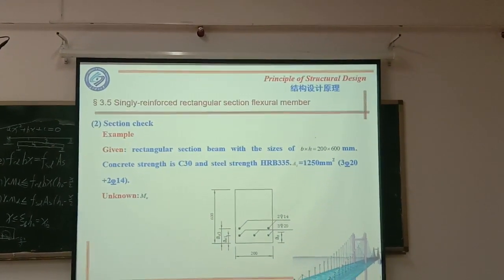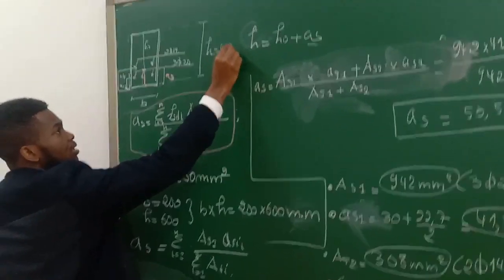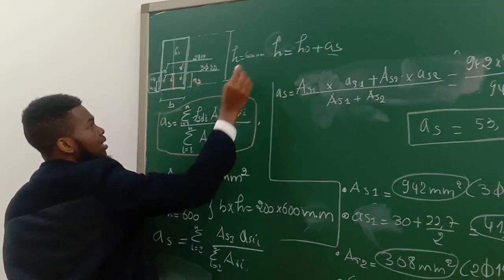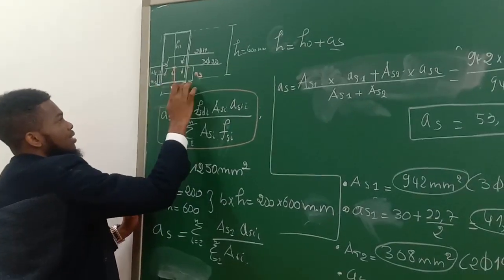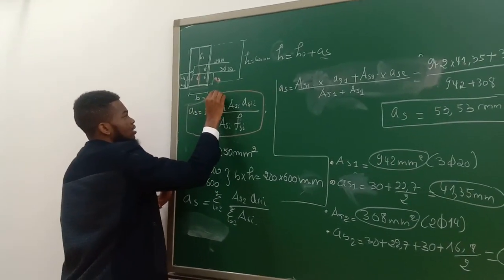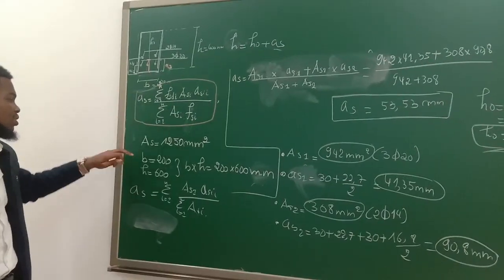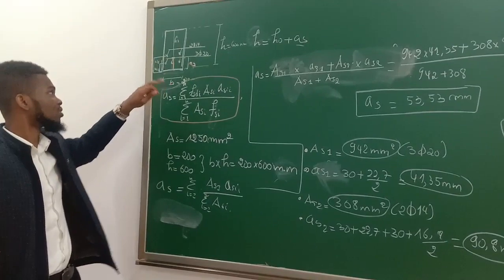The H here is 600 millimeter, and the B, the distance at the top, is 200 millimeter. So we know the size of the beam.